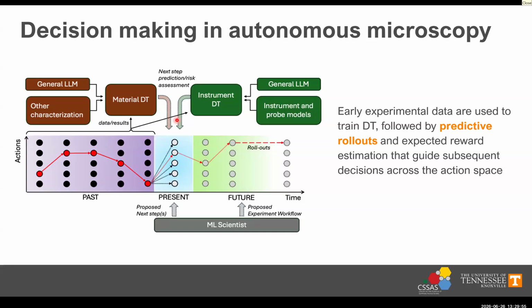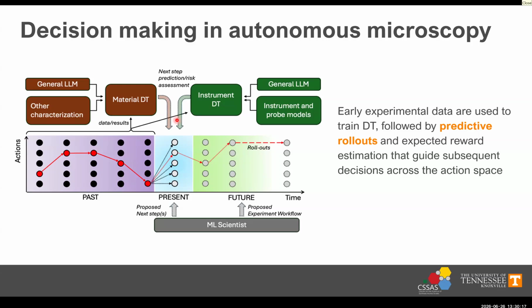It looks like we can do it in a systematic way if we formalize our instrument and our sample as an efficient digital twin, meaning a system that contains the relevant information about the sample and about the instrument.